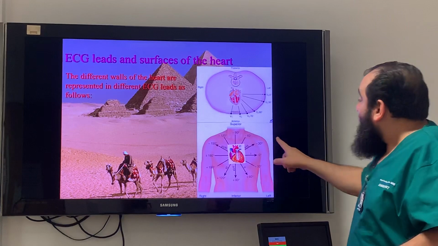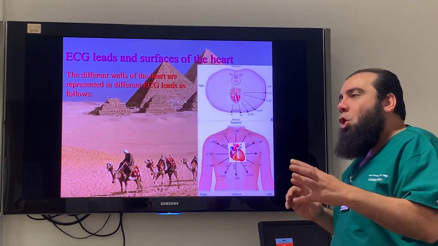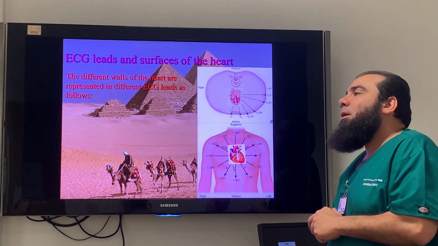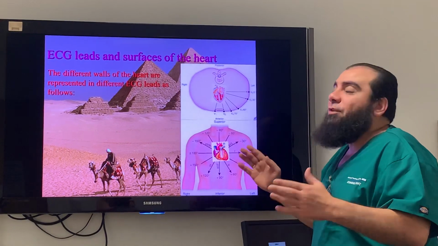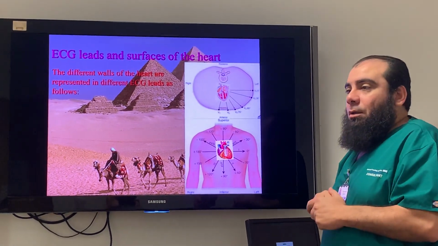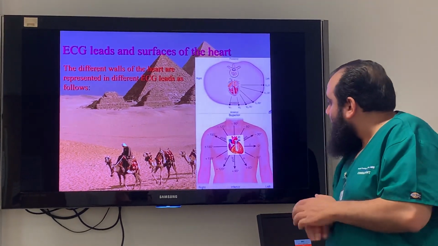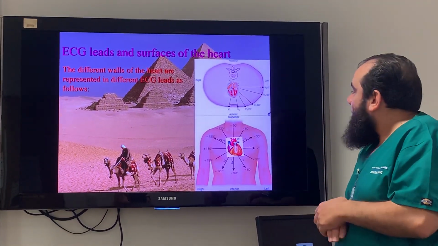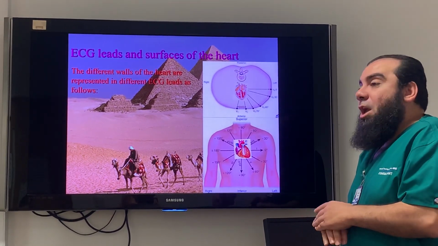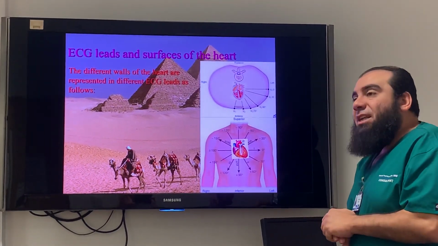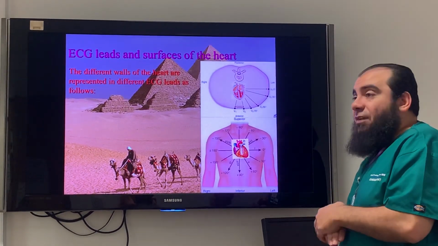Okay, so from that shape, can you imagine if we would like to look at, for example, the right ventricle, where can we check from? From there, or from there: V1 and V2. If we would like to check the inferior surface of the left ventricle, where is the inferior here?